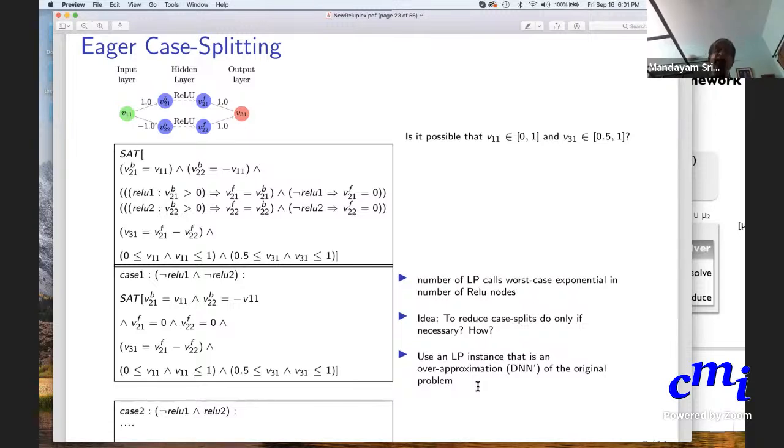That is the central idea that ReluPlex uses, and this is where over approximation becomes important.